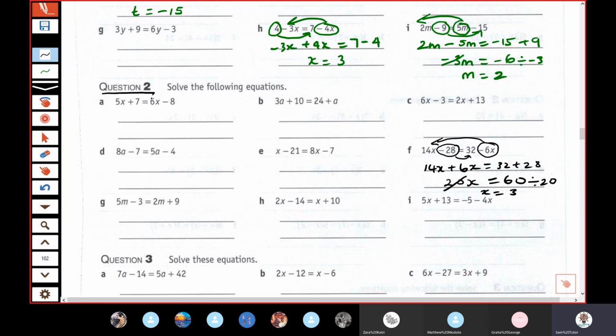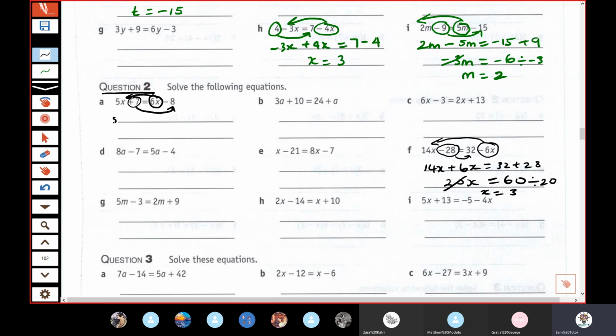All right. So what are you going to do? 6x. You've got to circle it and bring it to the left. And what's the other one you're going to circle? Plus 7. So your x's are meant to be grouped together. So you bring your x's together on the one side, your numbers on the other side.